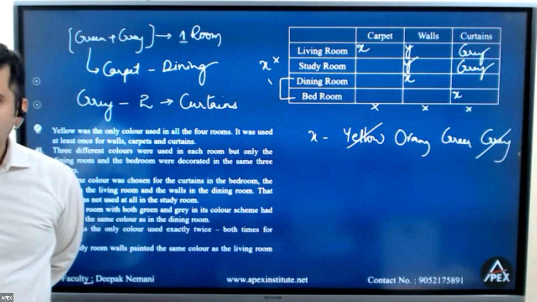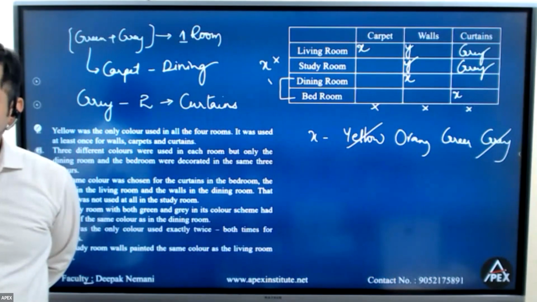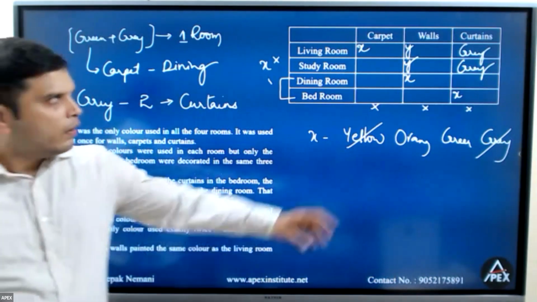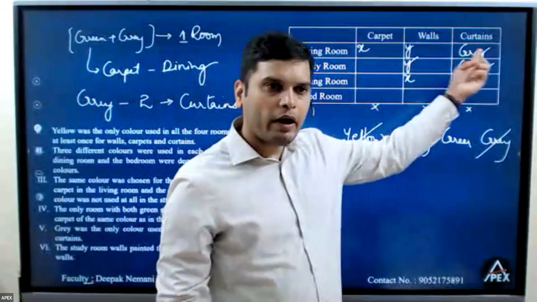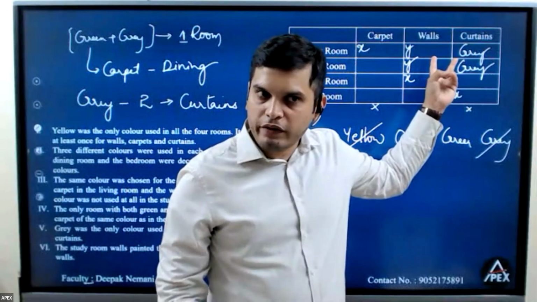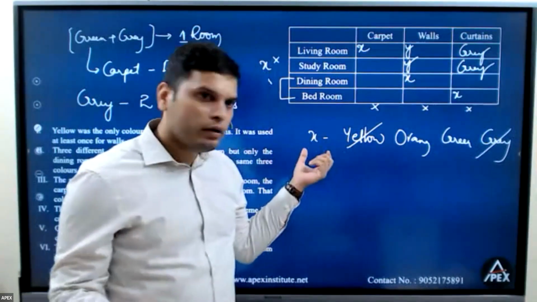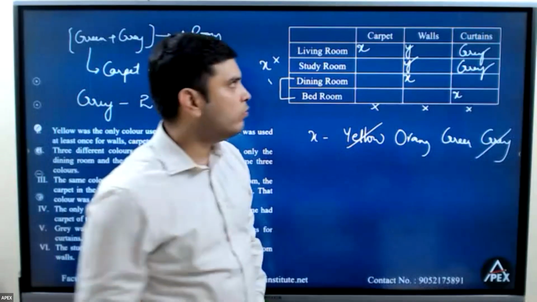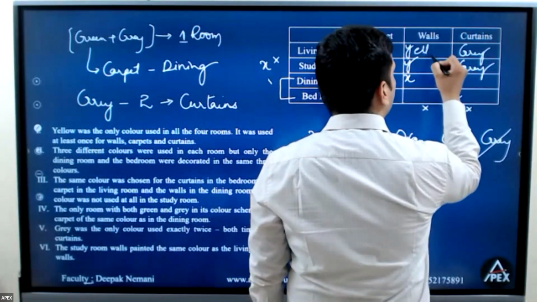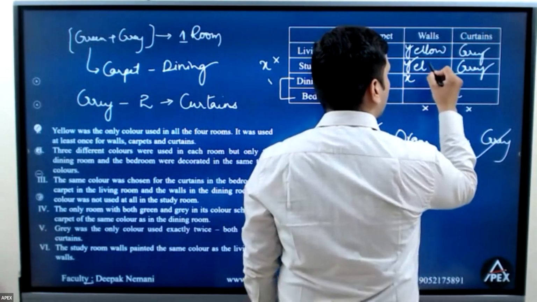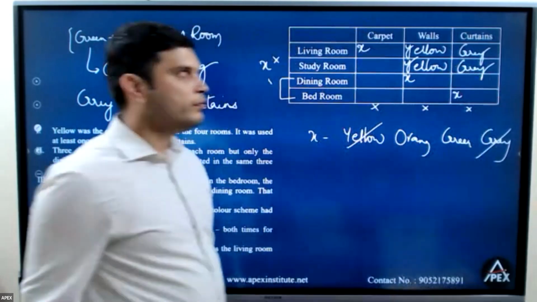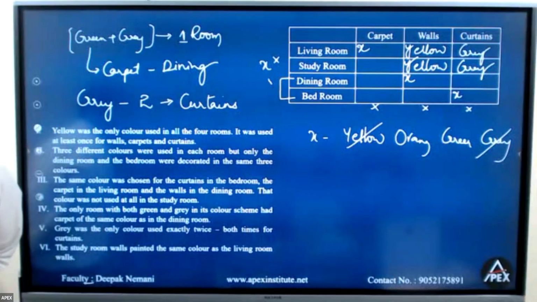Then why is Y yellow? Because in the living room, you need to have yellow in one of these two cells. And we have determined that X cannot be yellow. So Y should be yellow. Clear? Then what else do we have?